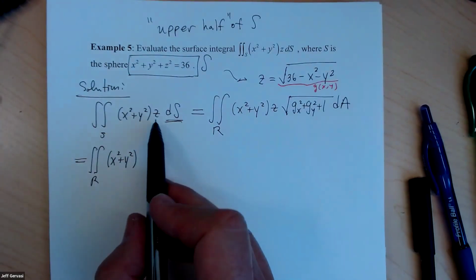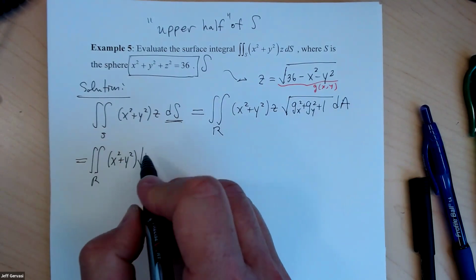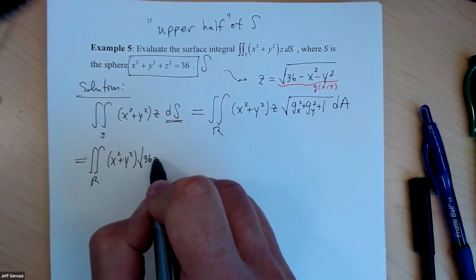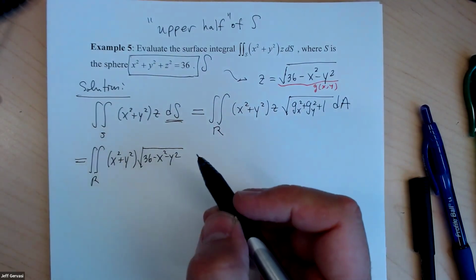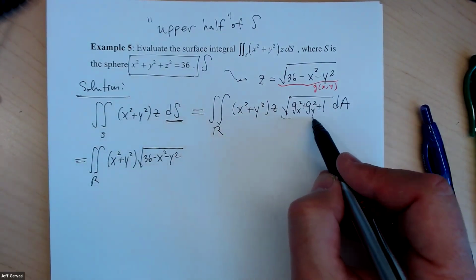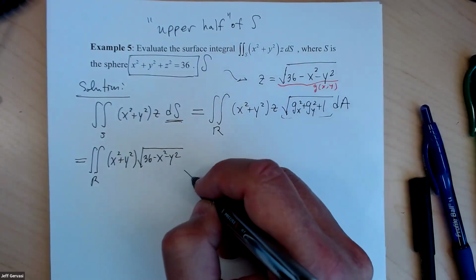I am going to switch out the letter z for what it represents here. So square root of 36 minus x squared minus y squared. And then this quantity right here, I've got to find the partial derivatives of this expression and square them.